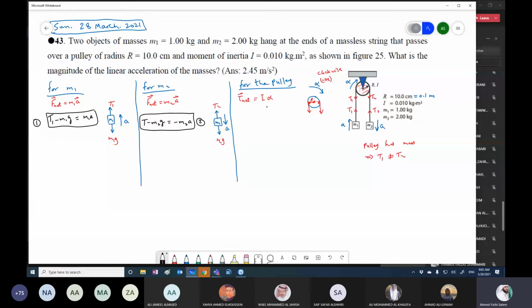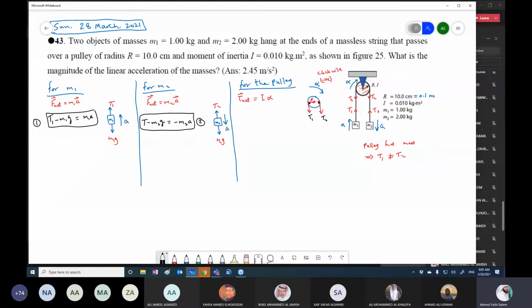Now we come to number 3 for the pulley. Torque net. Here we have tension 1 to the left, tension 2 to the right. They make a right angle with the arm of the force, so we have sine 90 here and there.